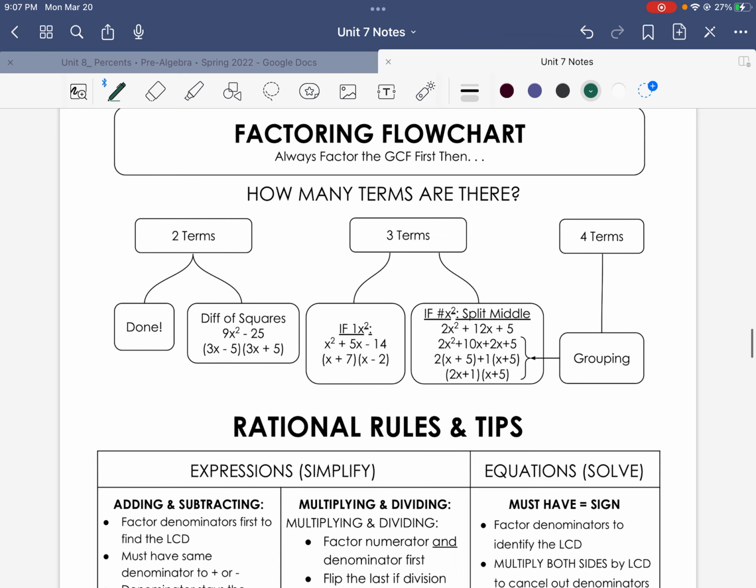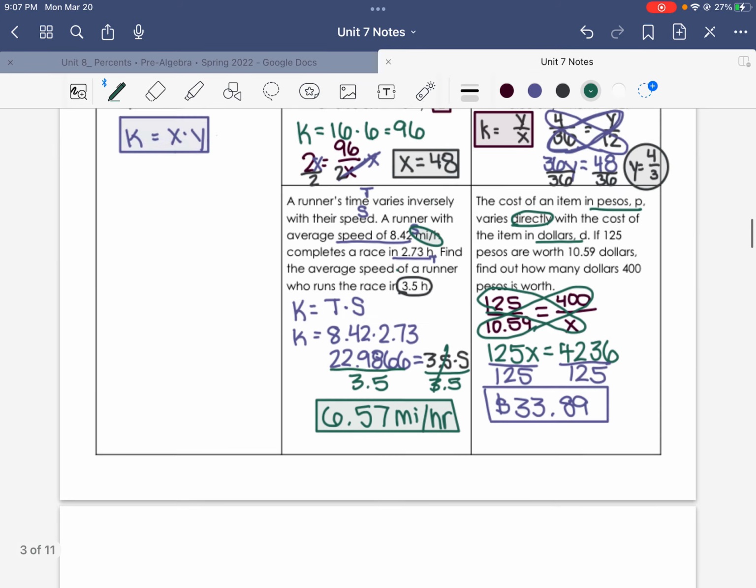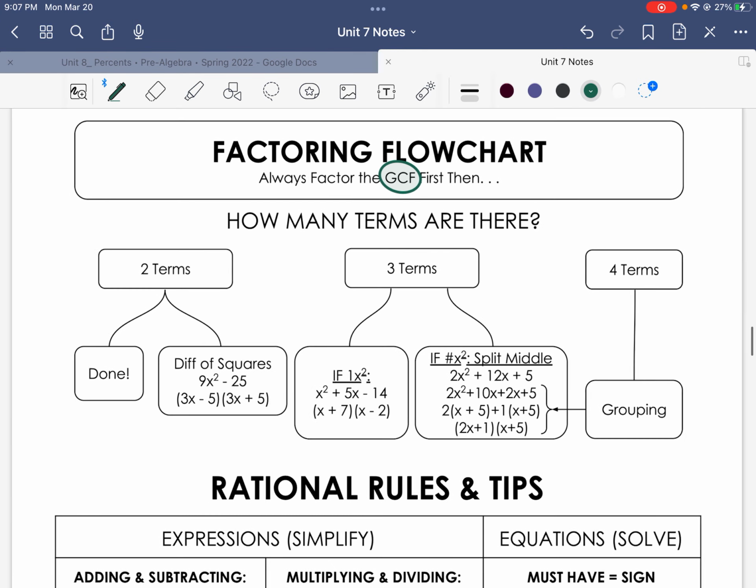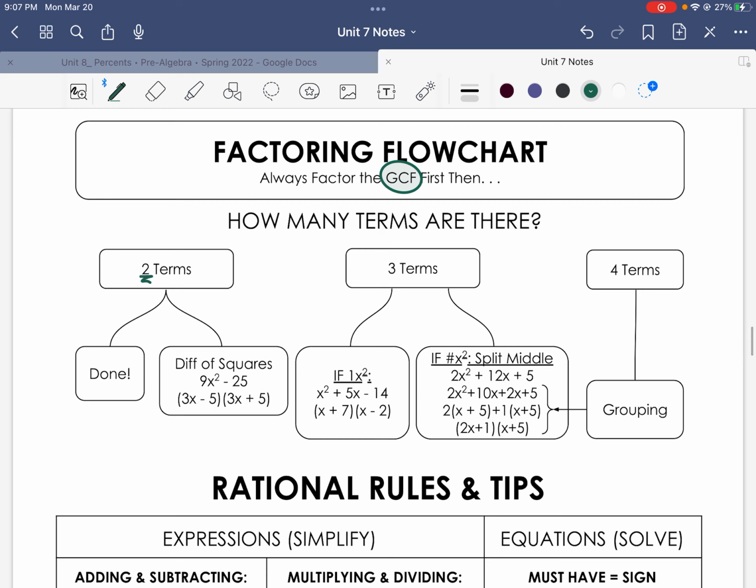I have made this factoring flowchart for you where, first of all, you have got to do your greatest common factor first if there is one. You always have to look for that first. Then, if you only have two terms, then either it's difference of squares, like this one, or you're done.